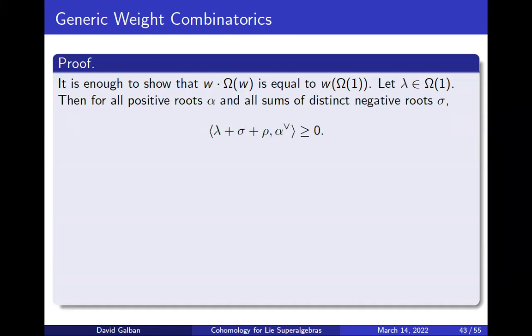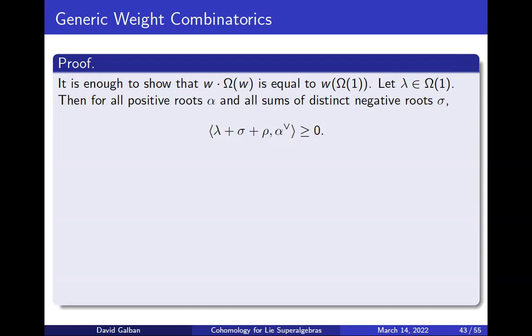So if lambda is in omega 1, then for all positive roots alpha and all sums of distinct negative roots sigma, well, by definition of it being in omega 1, we can write this as a statement that lambda plus sigma plus rho, alpha check is greater than or equal to 0. All right.